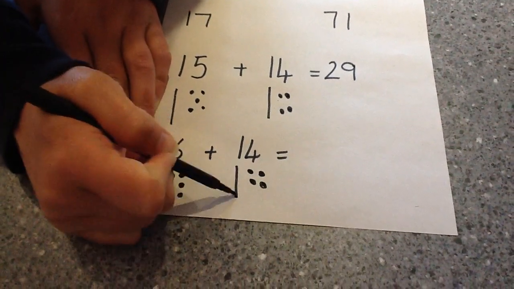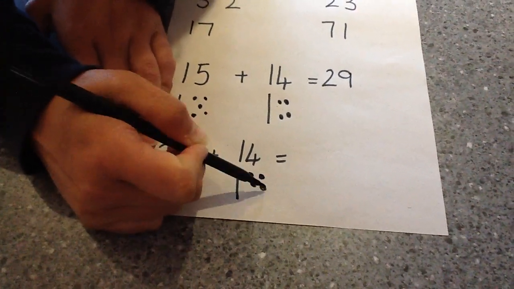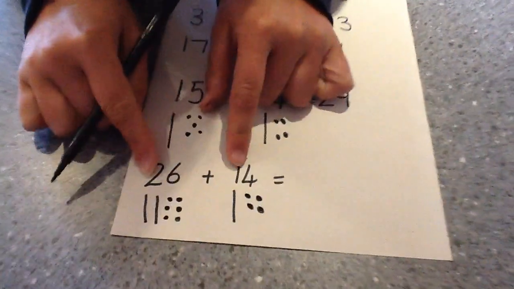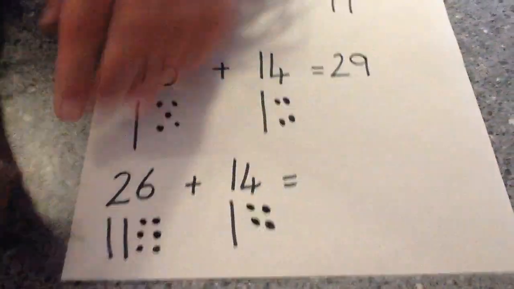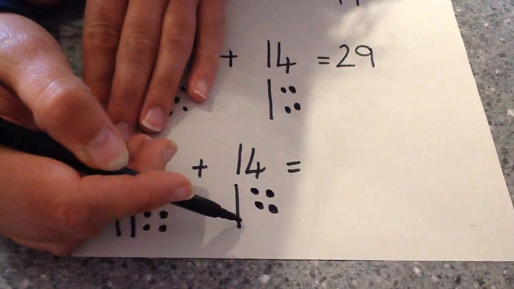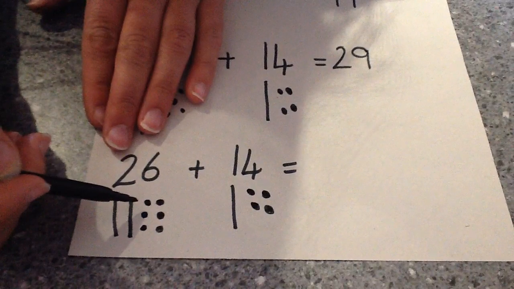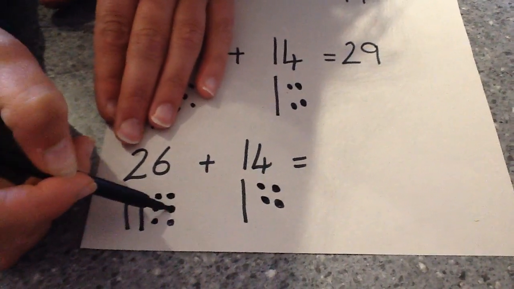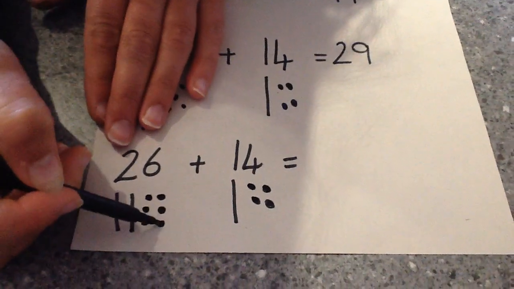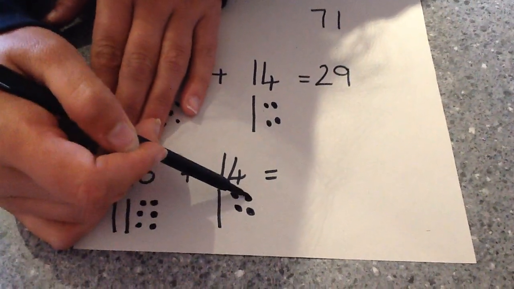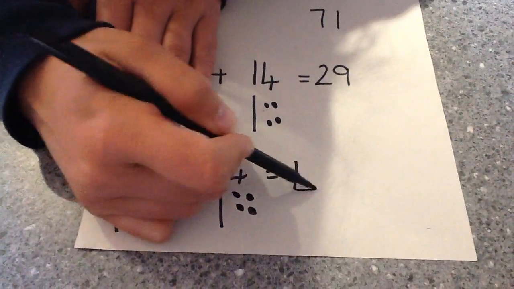Oh, 10, 11, 12, 13, 14. So again, I'm going to start with my biggest number, and that's the tens numbers. So I'm going to count the tens, 10, 20, 30. So I've got my tens numbers, and I'm going to count on 31, 32, 33, 34, 35, 36, 37, 38, 39, 40.